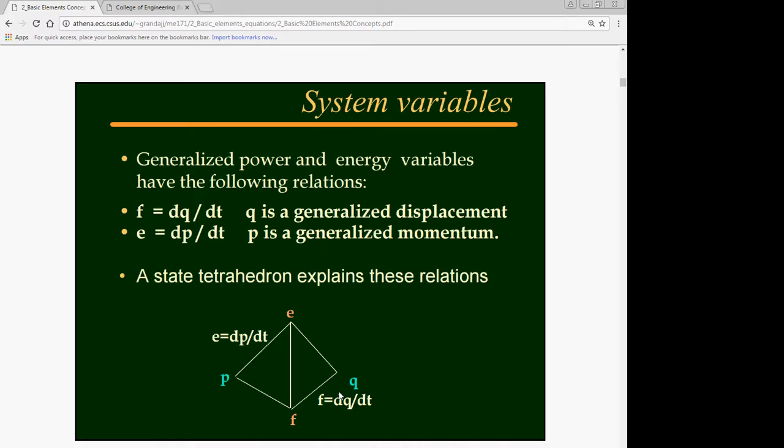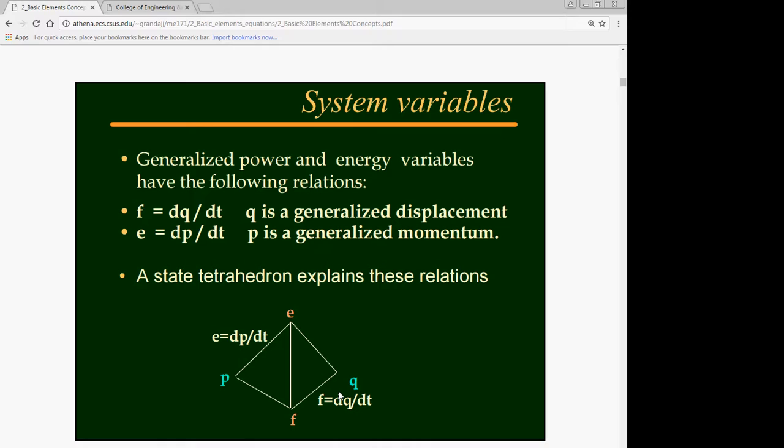This tetrahedron of state, just to remind us of the basic concepts, is named after Professor Henry Paynter, who is the inventor of this technology. He was a professor at MIT, and in 1959 he had this vision that we could actually model systems in many energy domains if we follow the simple rules.